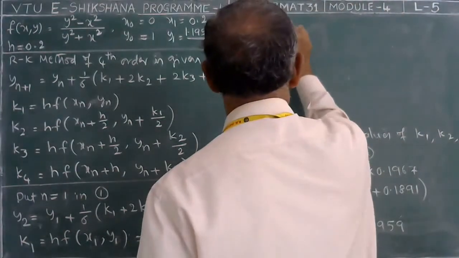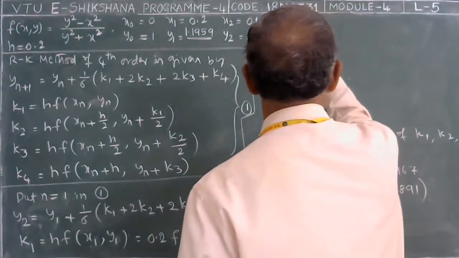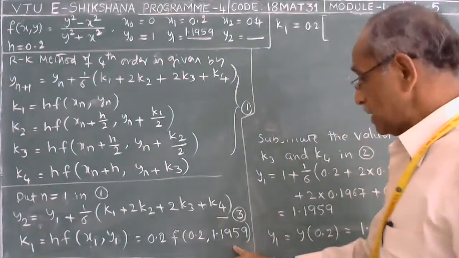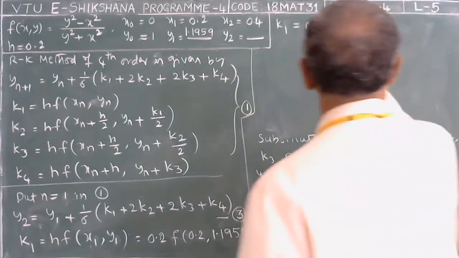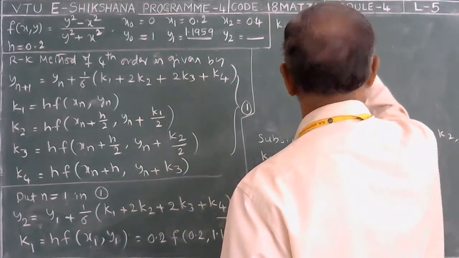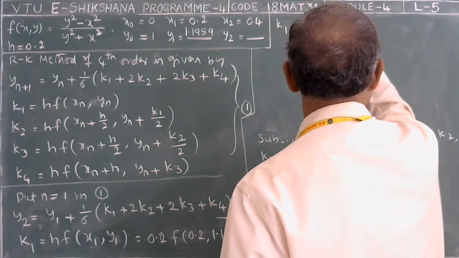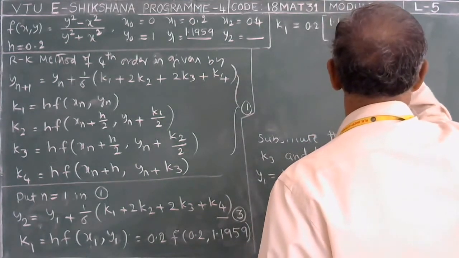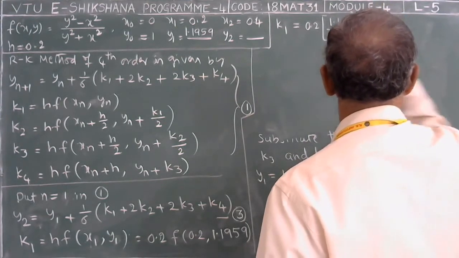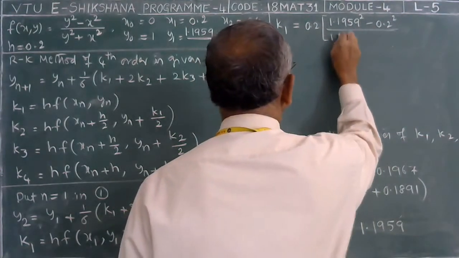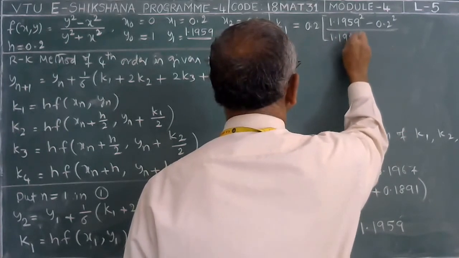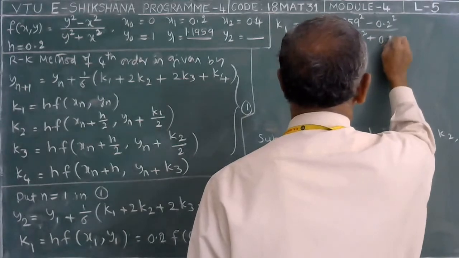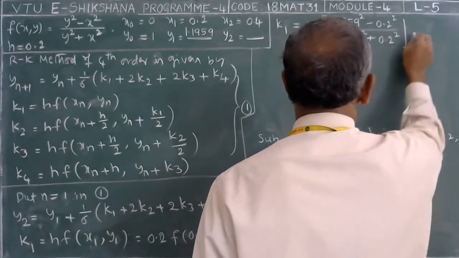So K1 is equal to 0.2 into y square minus x square, that is 1.1959 square minus 0.2 square divided by 1.1959 square plus 0.2 square.